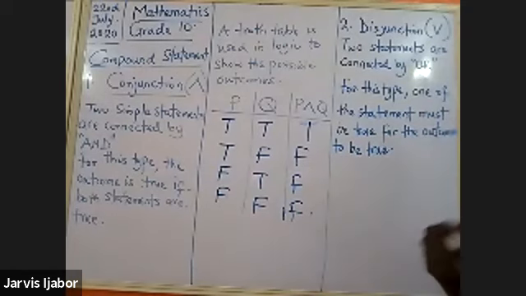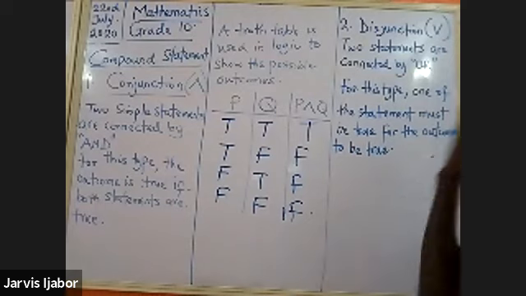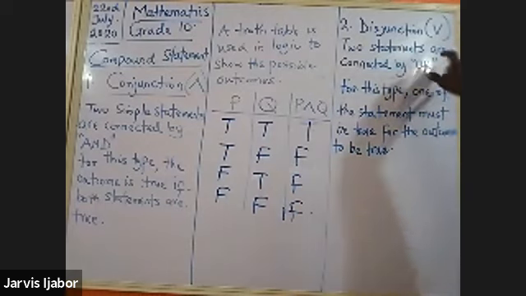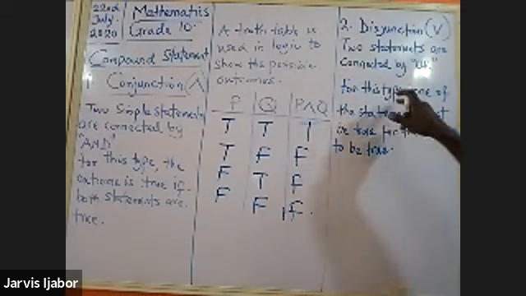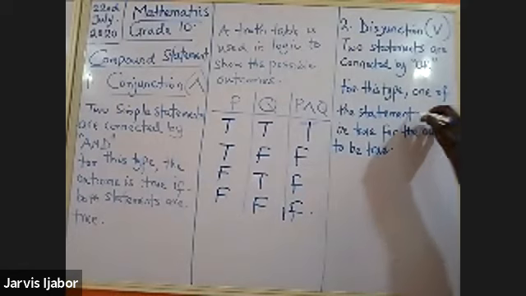You notice that as I'm talking, I'm writing, so if you miss what I've written on the board, you can pick up what I've said. Two statements are connected by what? Or. For this type, one of the statements must be true for the outcome to be true.